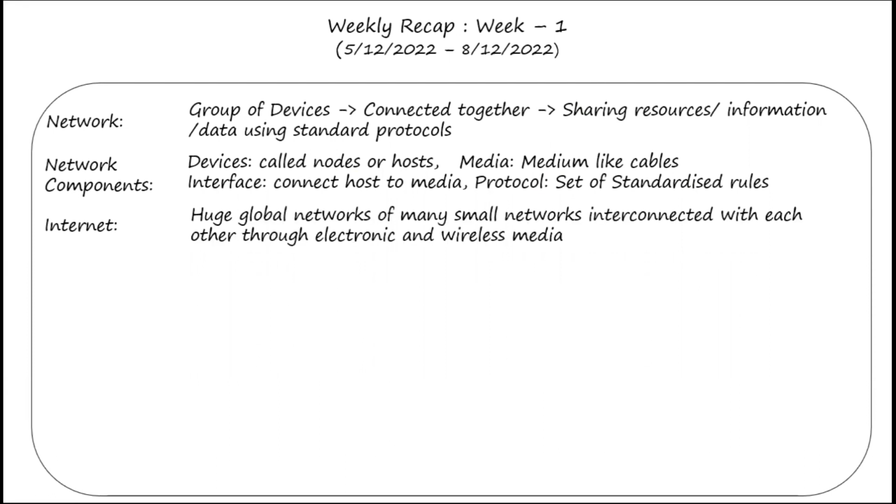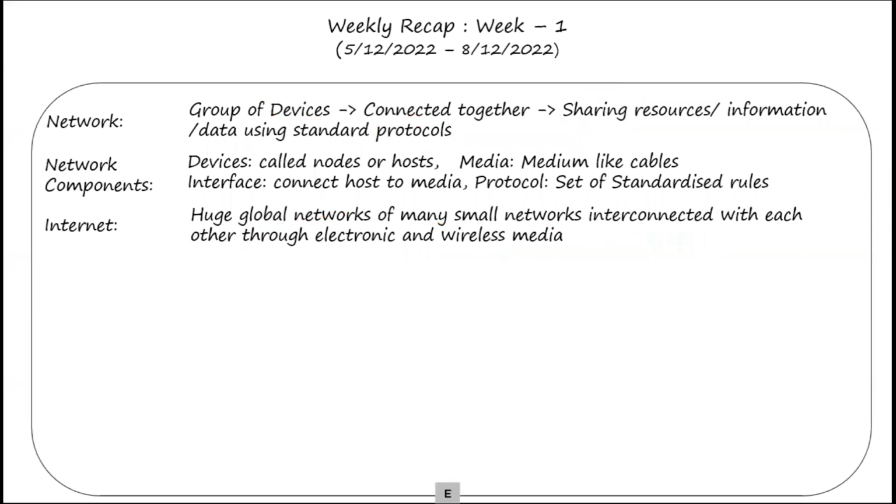So in short, we can say a global network of many small networks, and they must be interconnected through some media. So just remember these four conditions: devices, how they are connected, are they able to share information, and are they under the same protocol, same rules. We would be covering some major protocols in today's lecture in great detail.